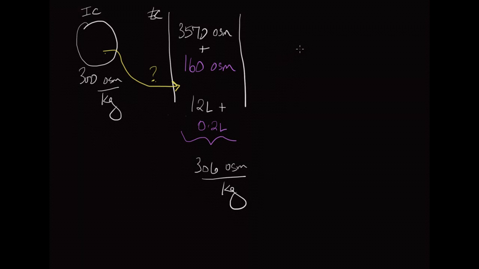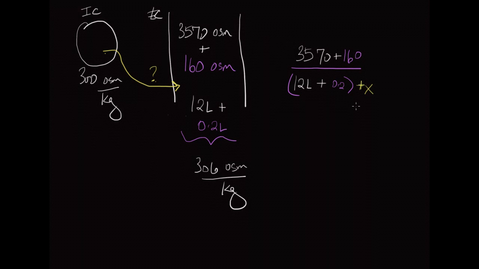So what is the osmolarity of the extracellular space? It's 3570 plus the 160 from the contrast. Okay, divide that by the volume. So we've got 12 liters to begin with, plus the 0.2 liters that we got from the contrast. Okay. Now water is going to come in here from the intracellular space, so there's an extra x here.